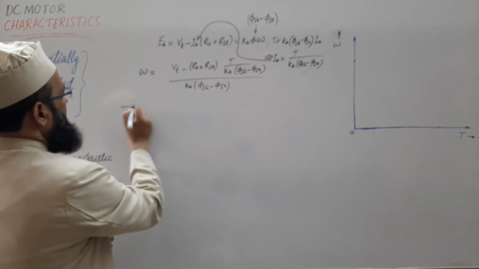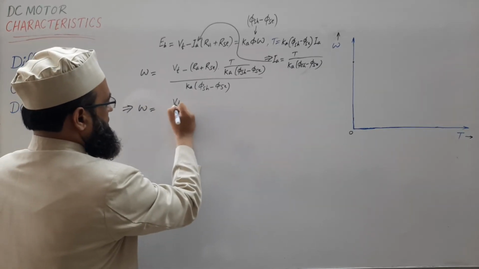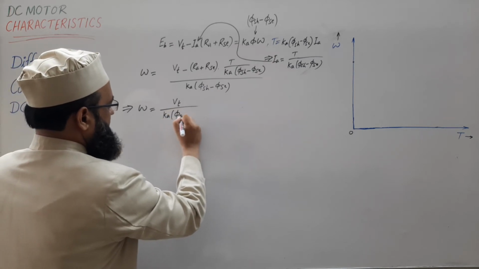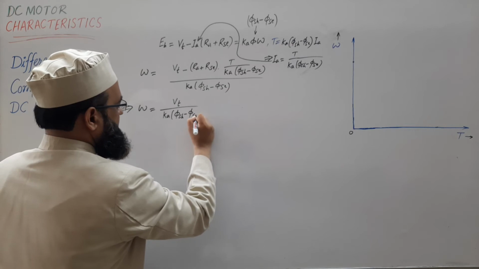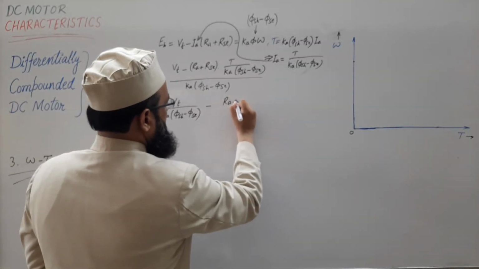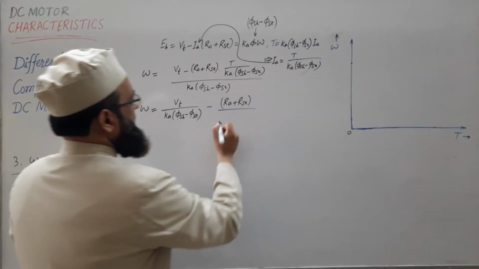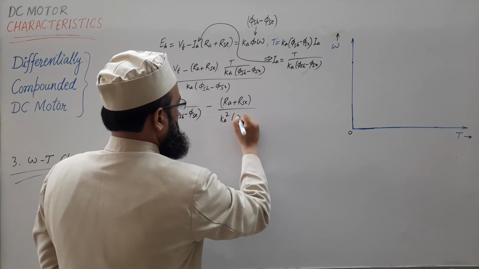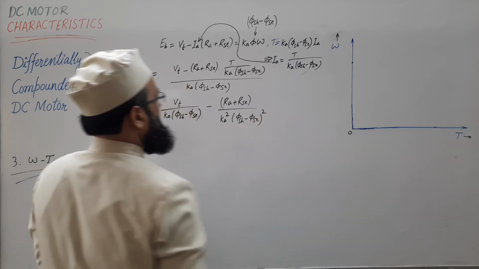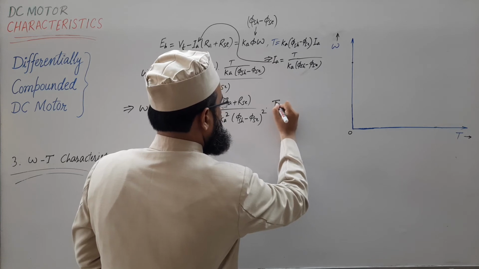So after simplifying, we may further write it as Vt upon Ka phi sh minus phi se, minus Ra plus Rse upon Ka square phi sh minus phi se whole square times T, the torque.